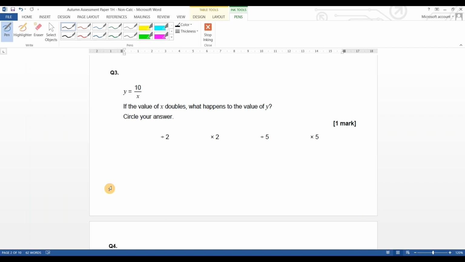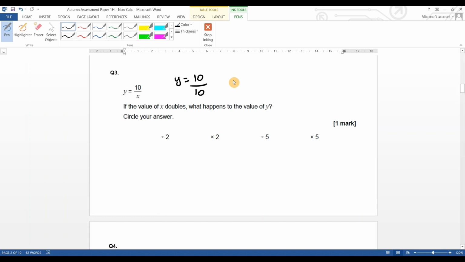Question 3. Y equals 10 over x. If the value of x doubles, what happens to the value of y? Circle your answer. Okay. So this type of question, let's test it out. If you replace the x with, let's call it 10, you got 10 out of 10 for that.